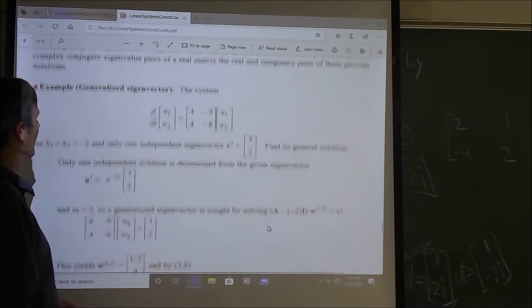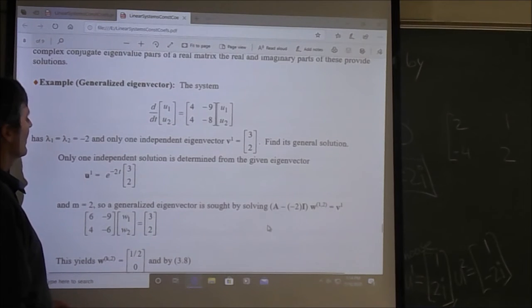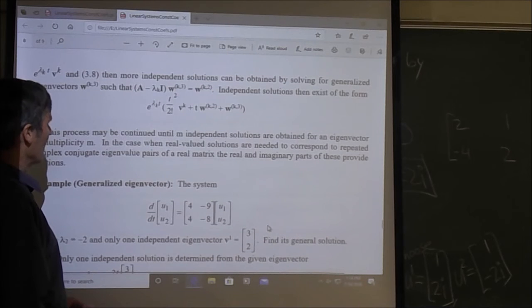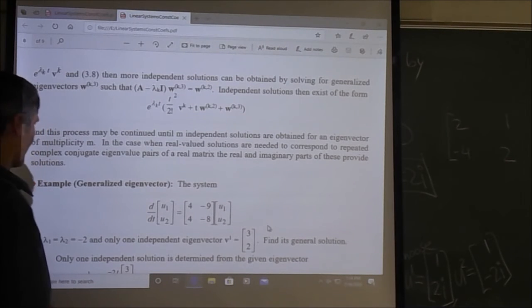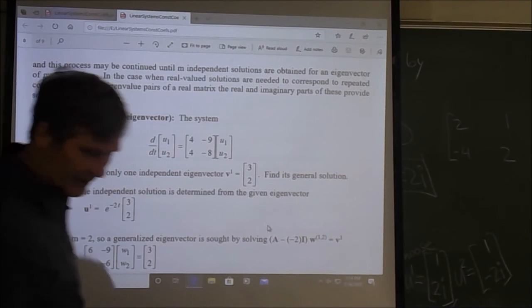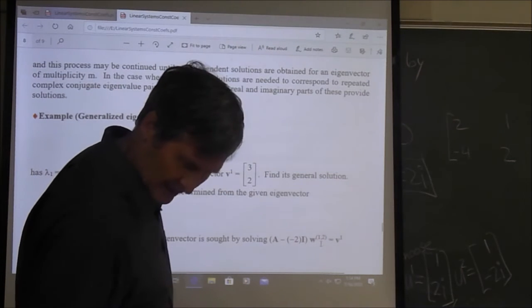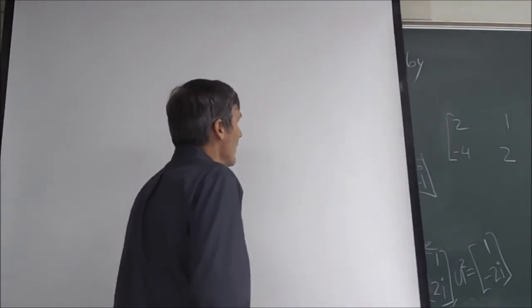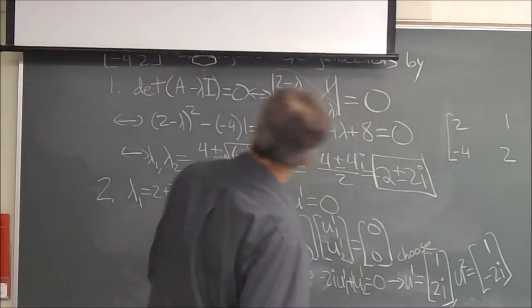Alright, so let's see if we can find a generalized eigenvector. The generalized eigenvector, I need to point out, has this property. You find it by solving this equation.